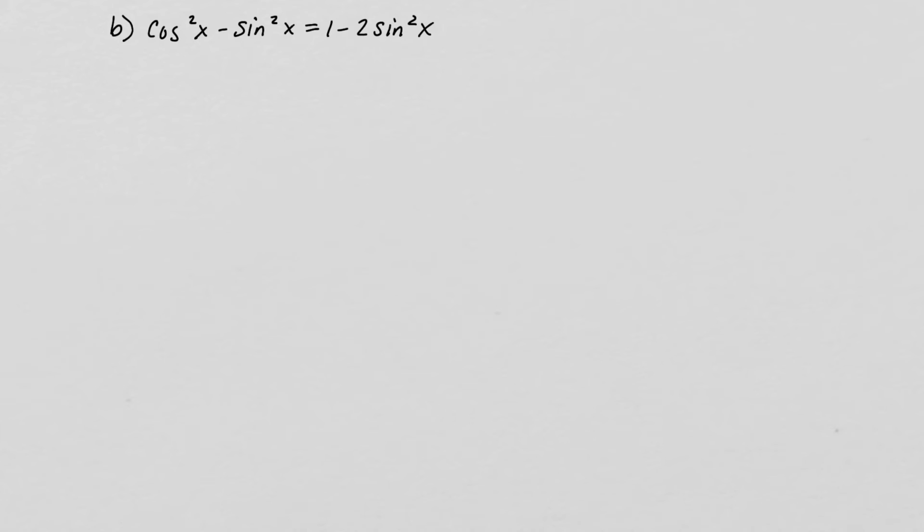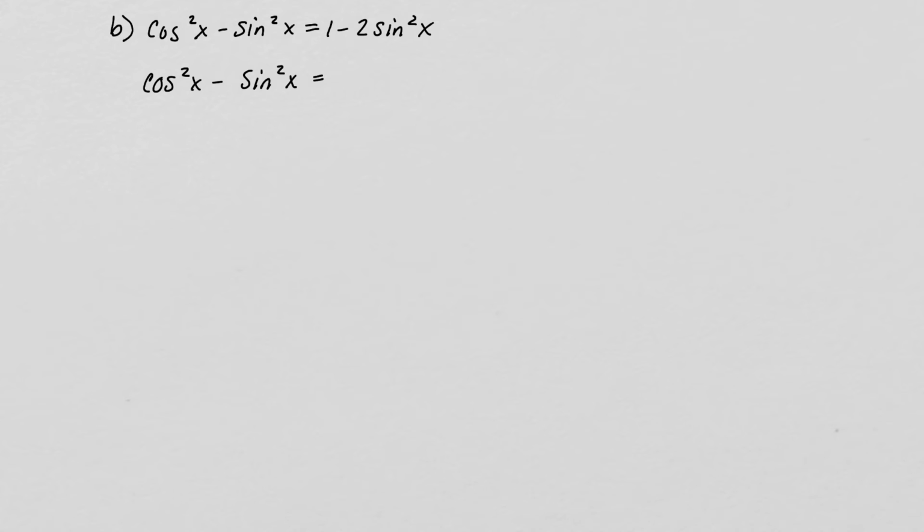Again, I'm going to start with the left-hand side: cosine squared x minus sine squared x. Looking at where I'm trying to get to, the only trig function in it is sine squared, which means I'm going to have to get rid of this cosine squared. So let's use a Pythagorean identity to get rid of that cosine squared.